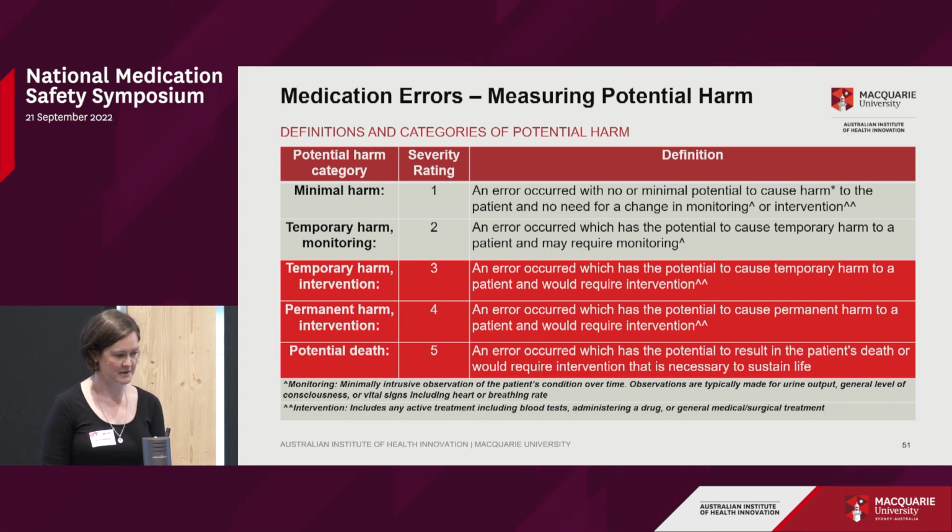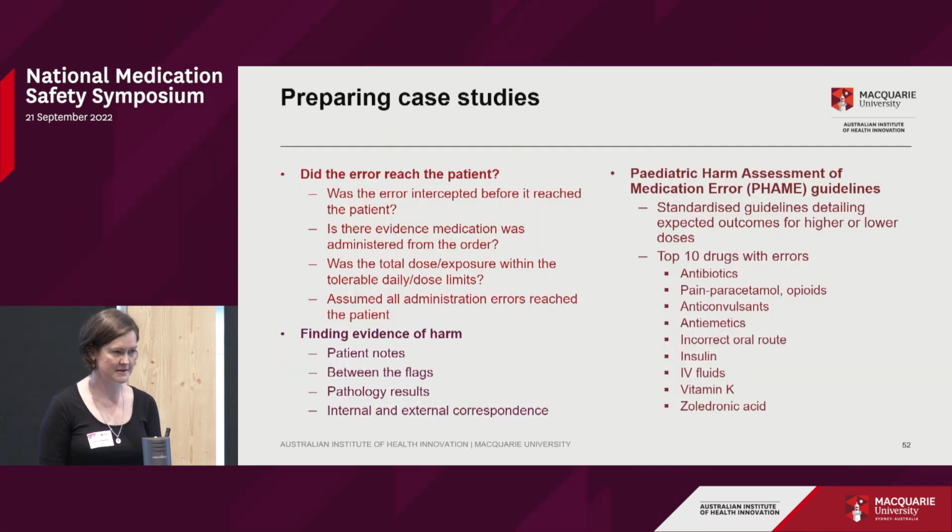So those that were considered serious harm were then put forward to the process of developing the cases for the clinical harm panel. So firstly, we needed to determine whether the harm actually reached the patient. So often the errors were intercepted before they reached the patient.